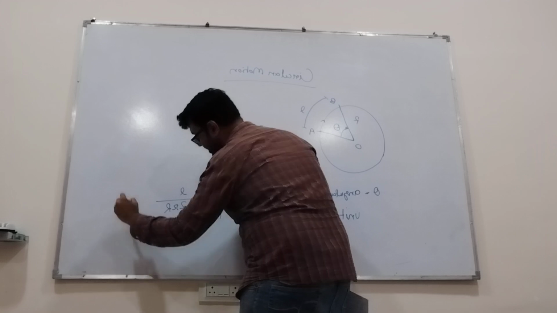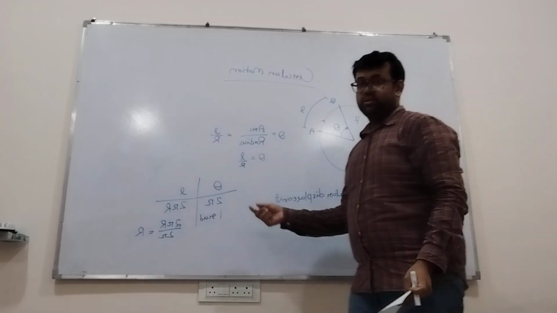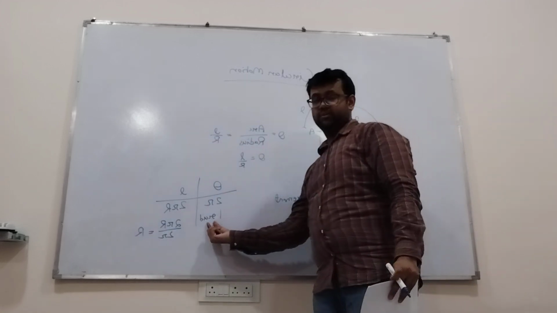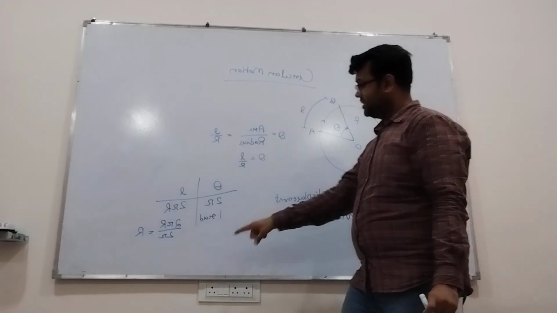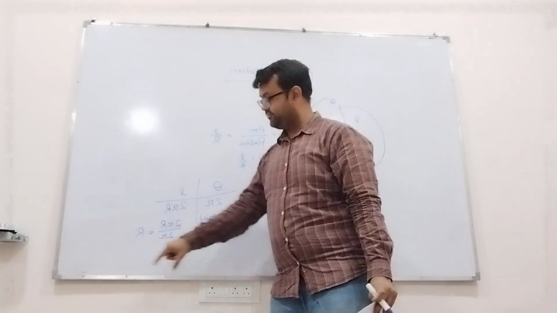That is nothing but R. So if the object has moved 1 radian only, then the distance it will cover is nothing but R.